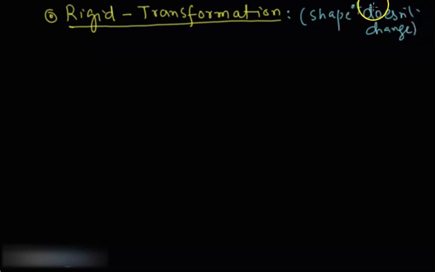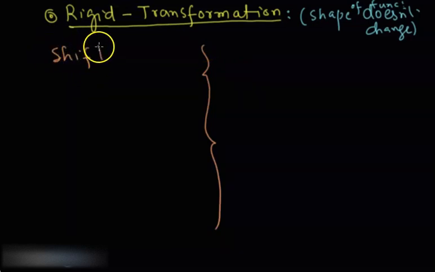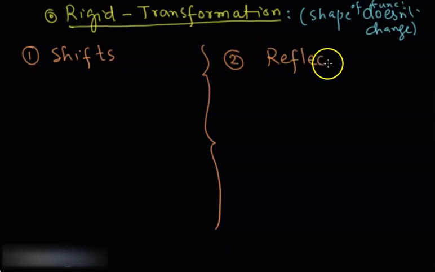Whatever the function has, the shape will remain the same. Just it will be shifted, or it will be reflected. So there are basically two kinds of rigid transformations: one is shifts, and the other is reflections, which we will be discussing.